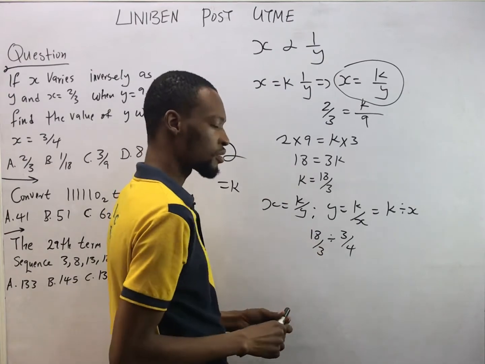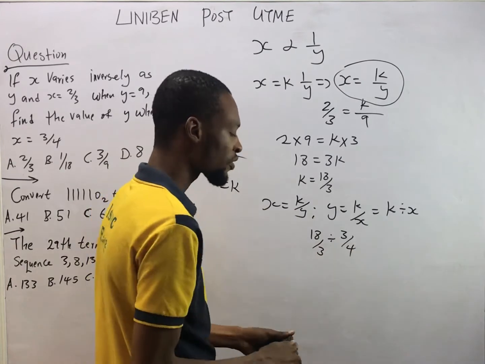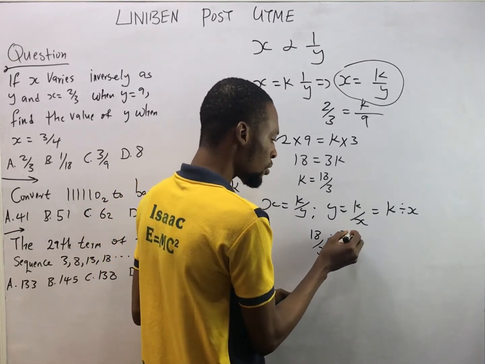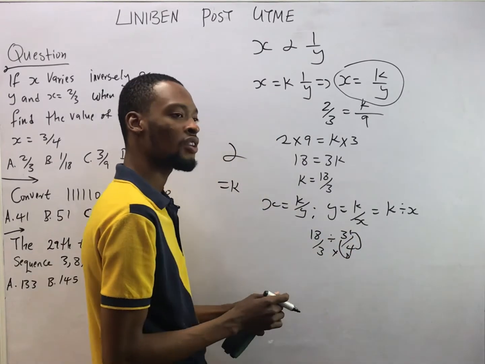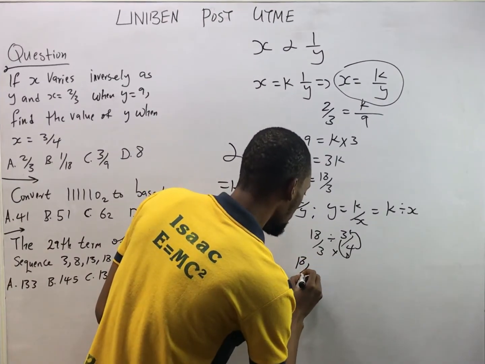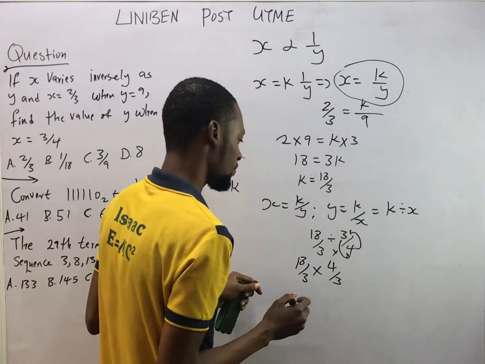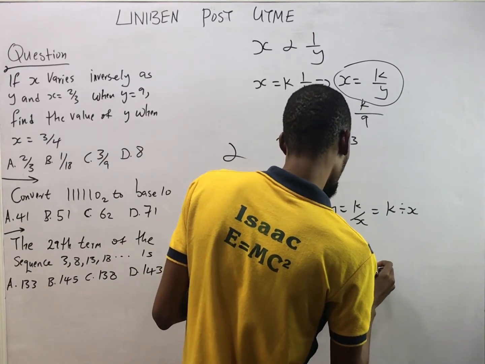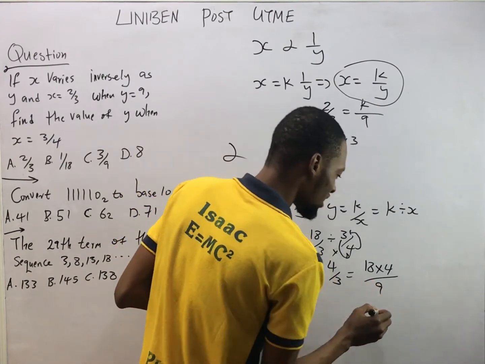This is division. To make calculation easier, we can change this division to multiplication. When you do that, this gets inverted. 4 goes up, 3 comes down. This division becomes multiplication. That's how you change division to multiplication. So we have 18 over 3 times 4 over 3. This will give you 18 times 4 over 3 times 3, which is 9.